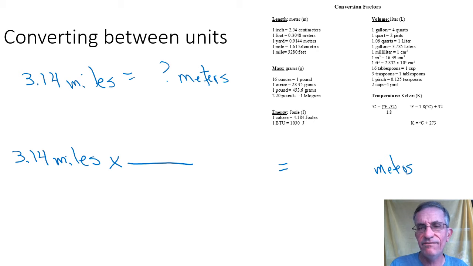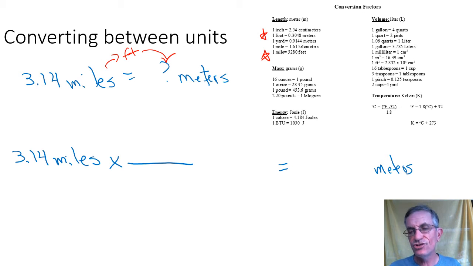Well, one idea I have is I could go from miles to feet. And then once I go to feet, because I have one to do that, do you see a way to go from feet to meters? Oh yeah, there's one right up here. Feet to meters right there.